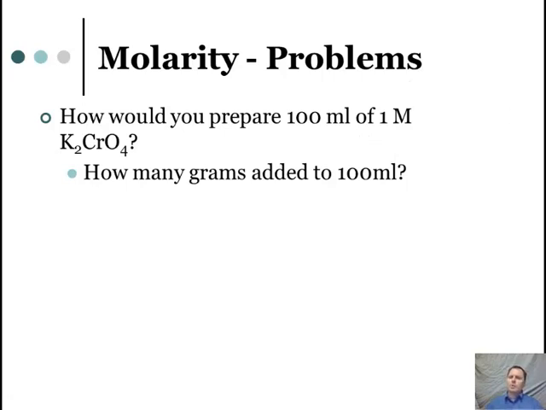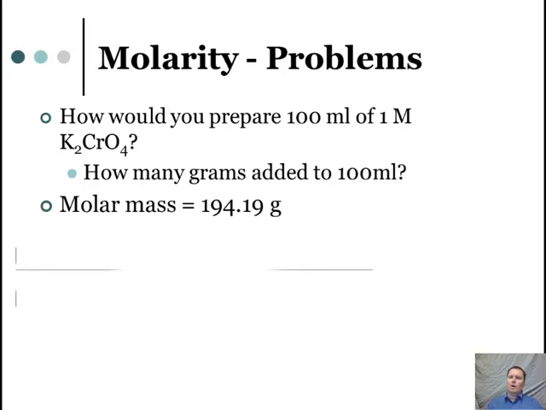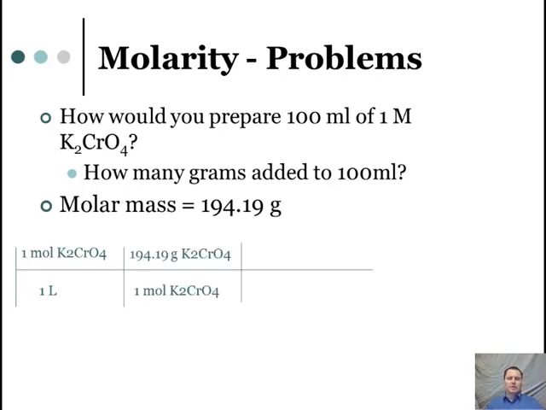A 1 molar solution means that I have 1 mole per 1 liter. Now I want to get the grams, so I've got to go from moles to grams. Remember, I'll put 194.19 grams of potassium chromate on top over 1 mole. Now I'm dealing with liters and milliliters, so I've got to go from liters to milliliters. I know 1 liter is 1,000 milliliters. Okay, now moles cancel out, I'm left with grams, liters cancel out, I'm left with grams per milliliter.